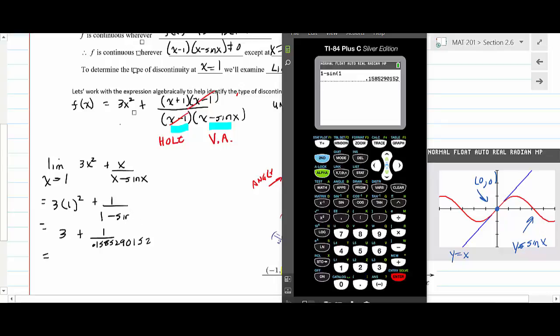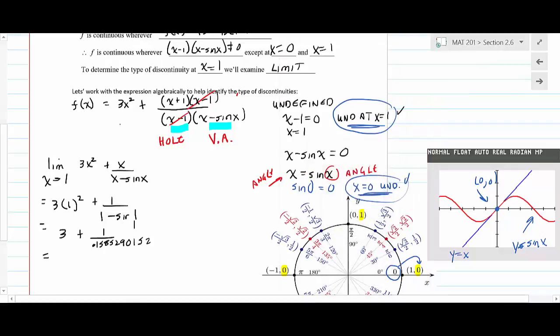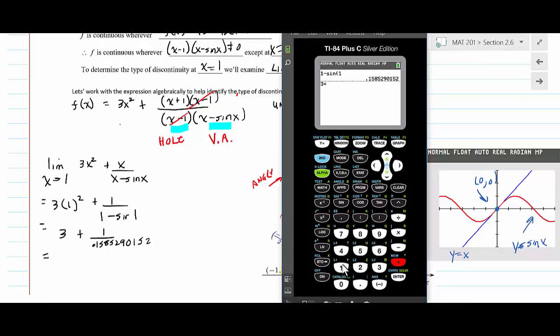So if I just go 3 plus 1 divided by parentheses 1 minus sine 1, like that, that gives me about 9. Make sure I got that put in there right.